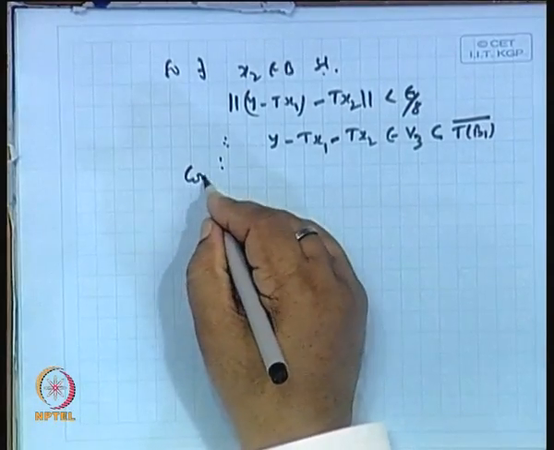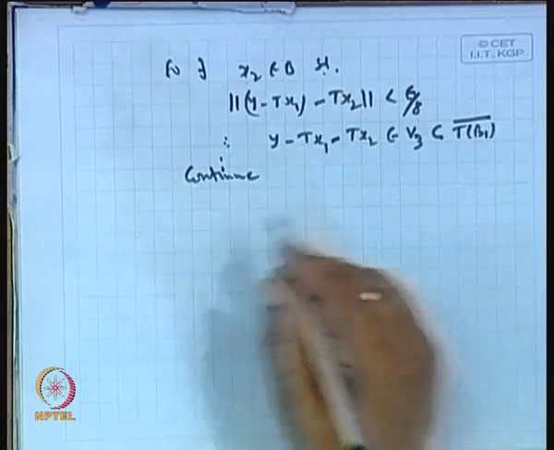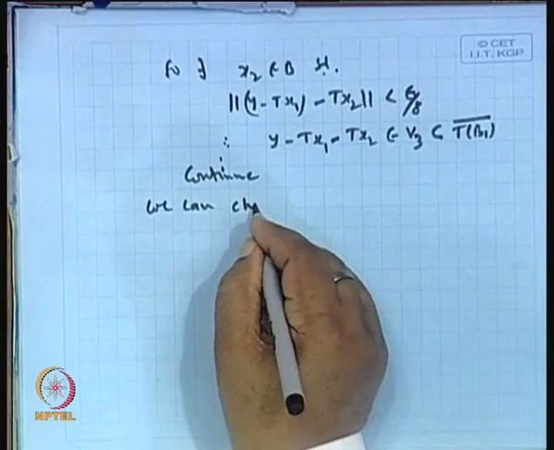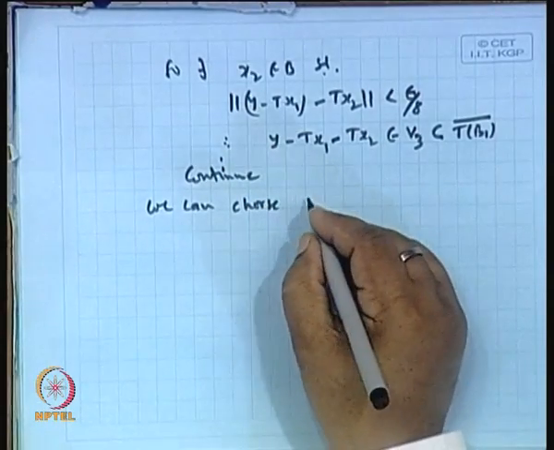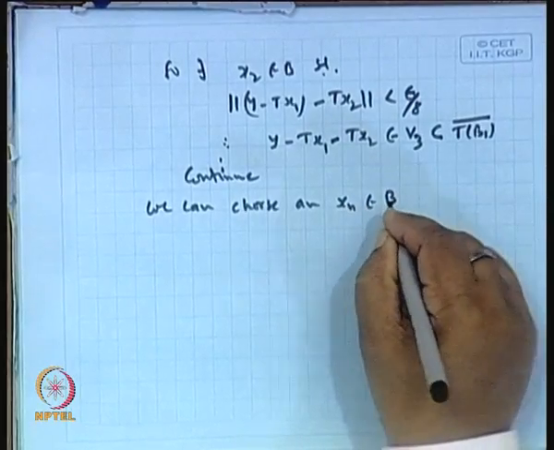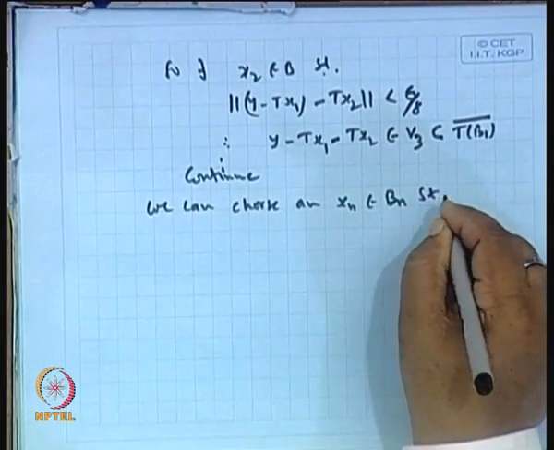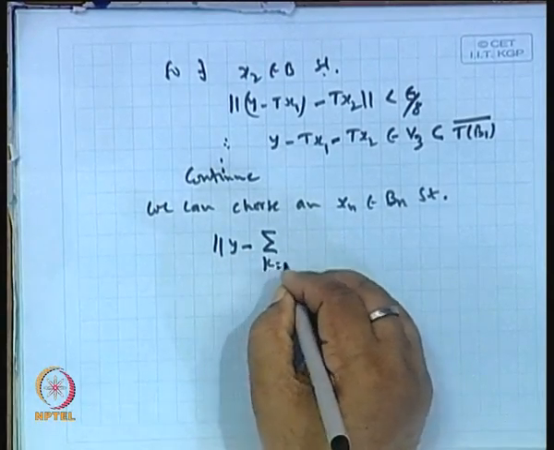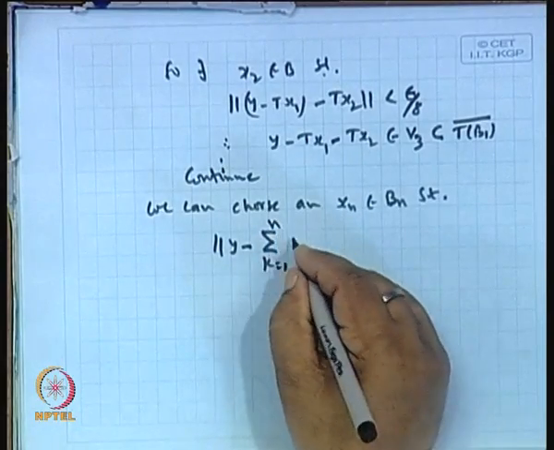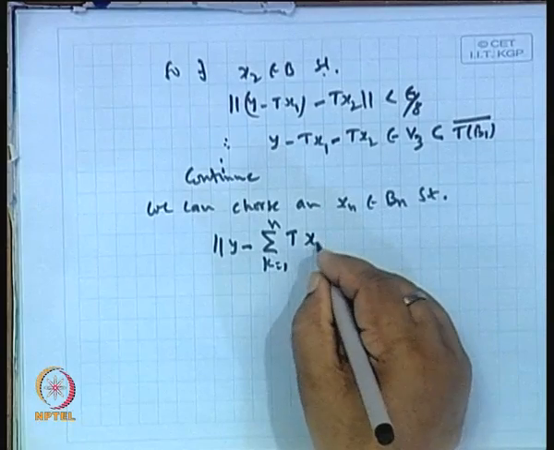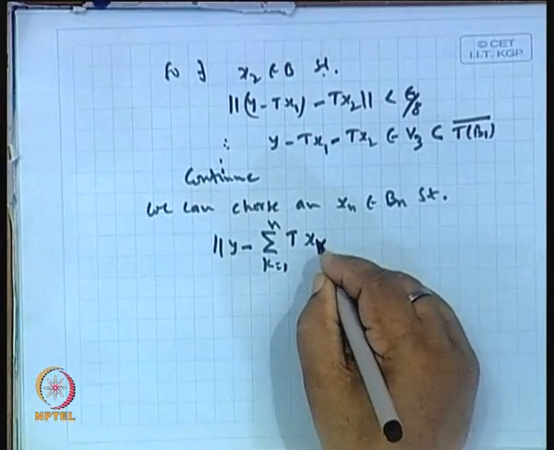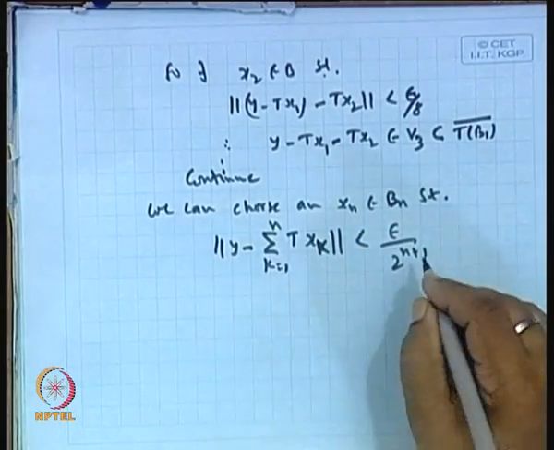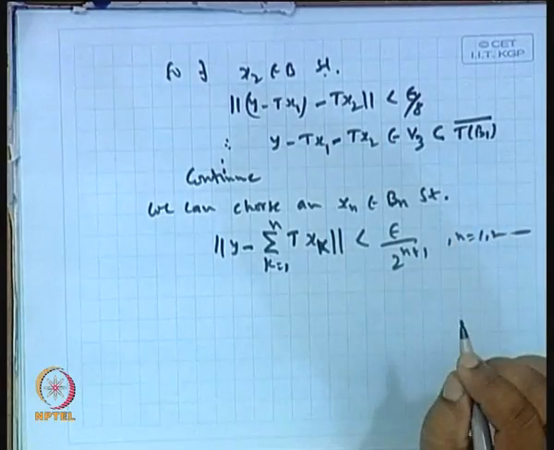Continue these steps. In the end, we can choose an x n belonging to V n such that the norm of y minus the sum over k equal to 1 to n of T x k is less than epsilon L over 2 to the power n plus 1, and so on.